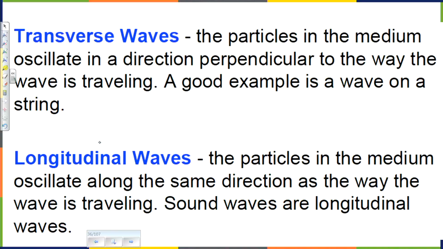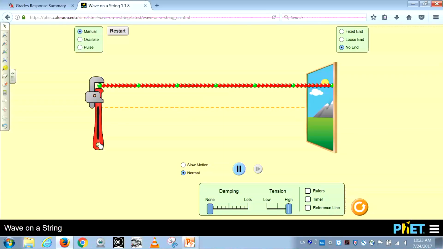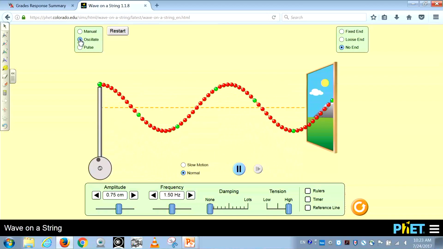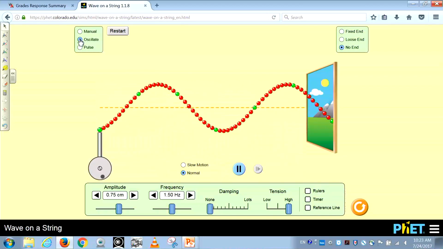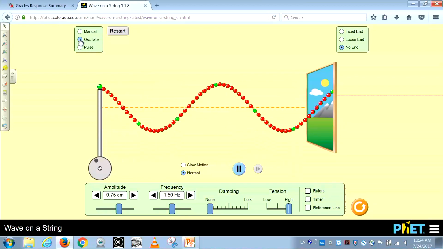By shape, waves are divided in two groups. If you look at this picture, at this applet again, we observe two types of motion. We can look at a single point, and that point travels up and down, up and down, up and down in this applet.